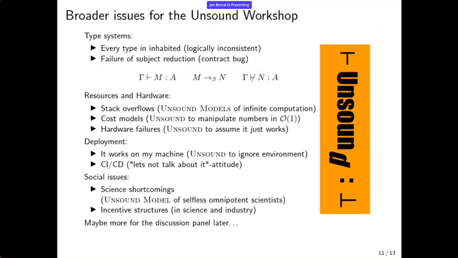We also have cost models that don't really capture what's going on. So if you think of big O notation, we usually manipulate arbitrarily large numbers in big O, for example, doing addition in something like a for loop that in big O notation gets arbitrarily large. We just assume that it costs one cycle or one abstract cost unit to do that arbitrarily large addition.